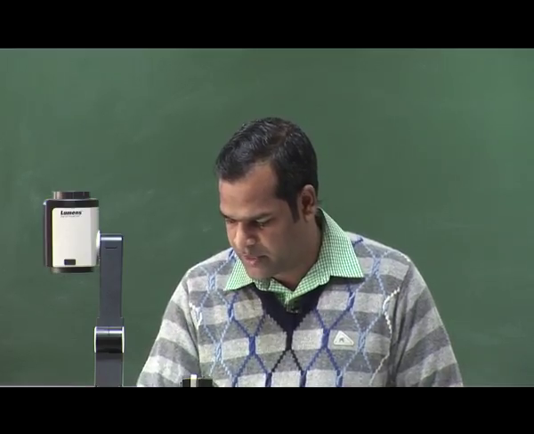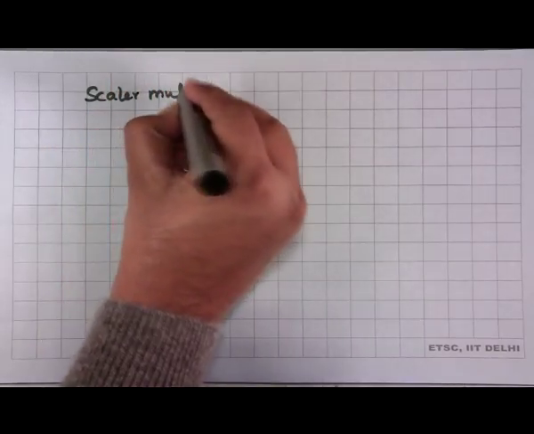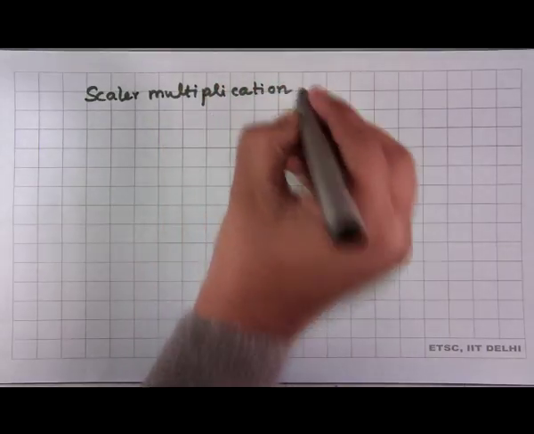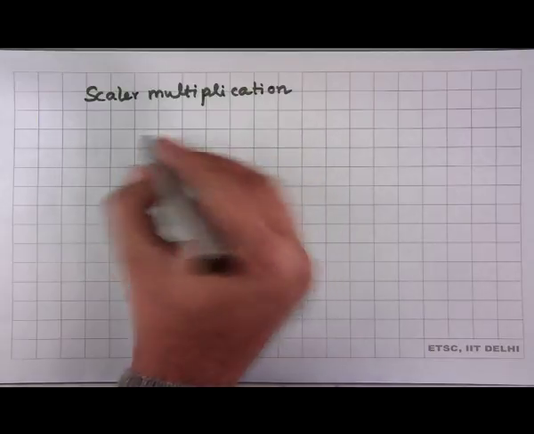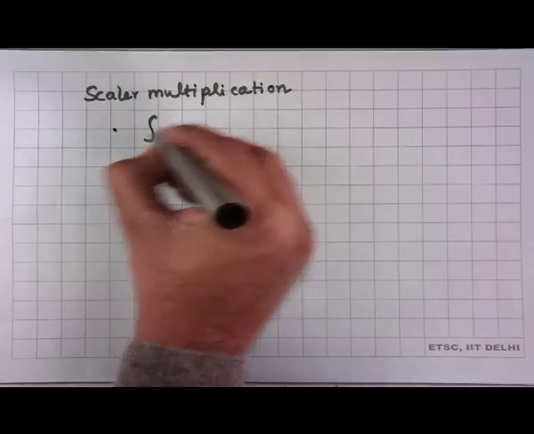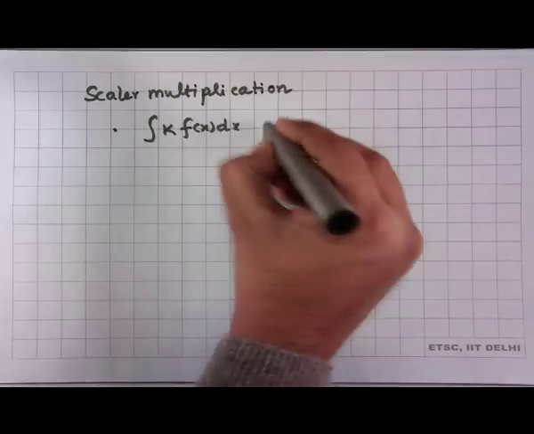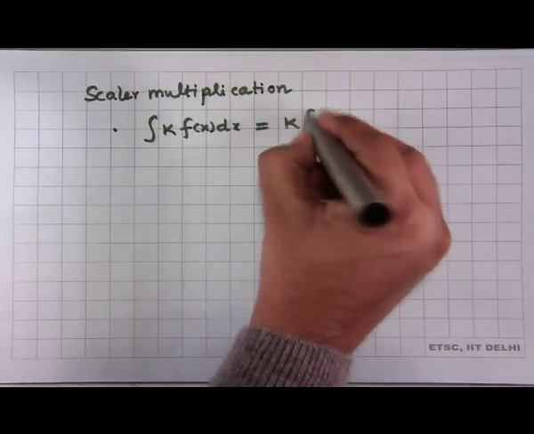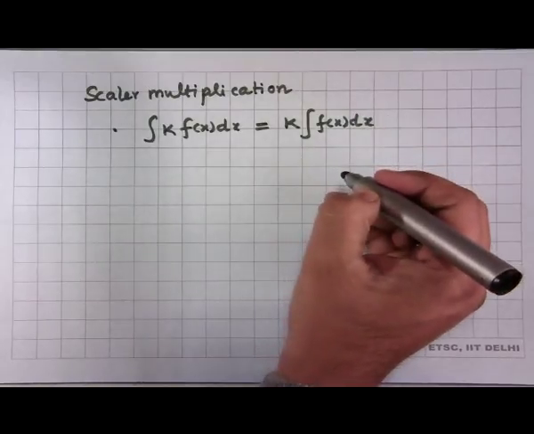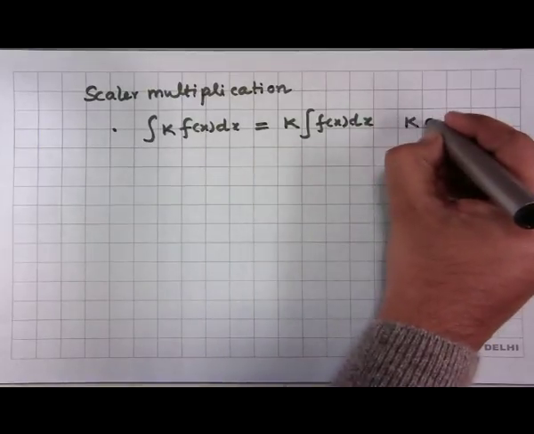The second property is for scalar multiplication. What it says here is that the integration of k times f x dx is the same as k times the integration of f x dx, where k is some constant.